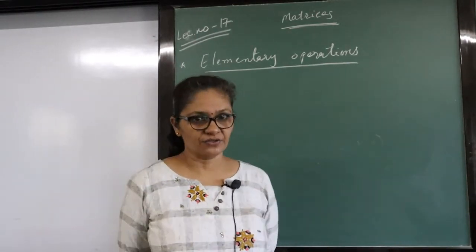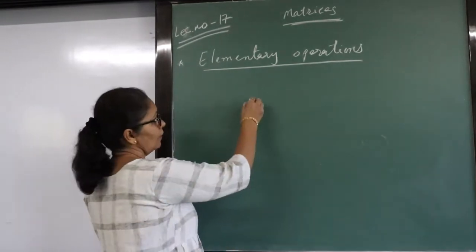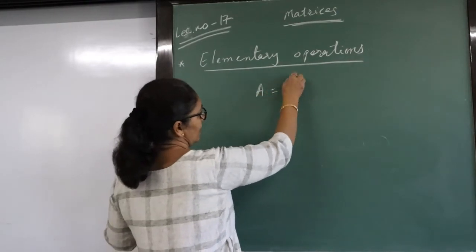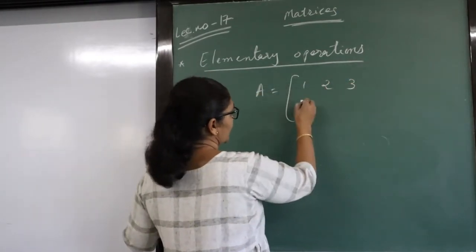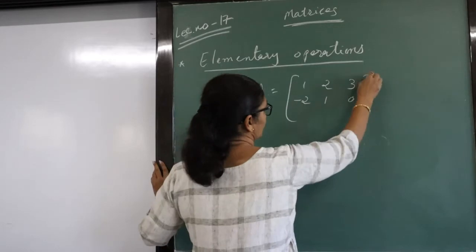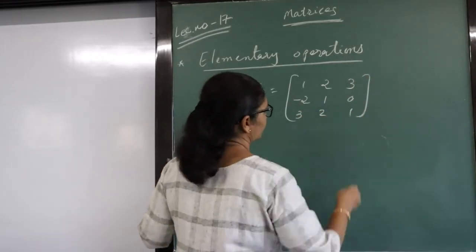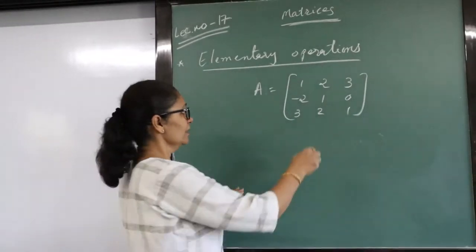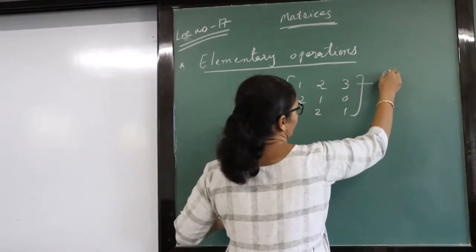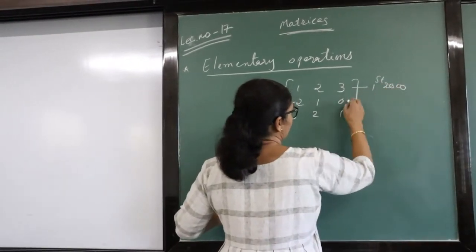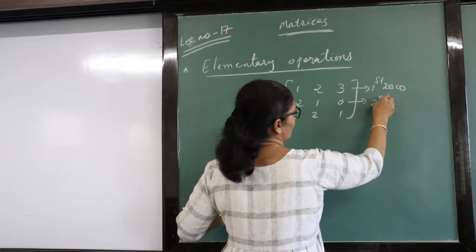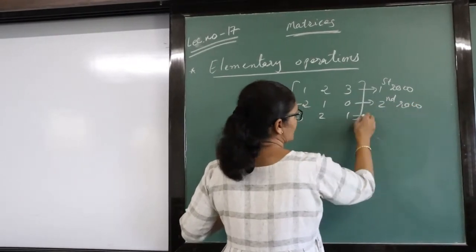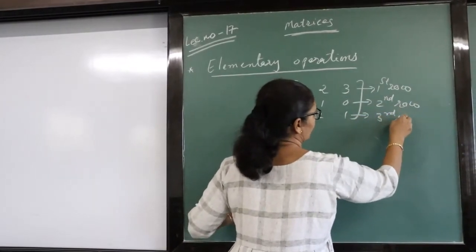We discuss it first. Suppose you have been given one matrix A: 1 2 3, minus 2 1 0, and 3 2 1. So this is our first row, this is our second row, and this one our third row.